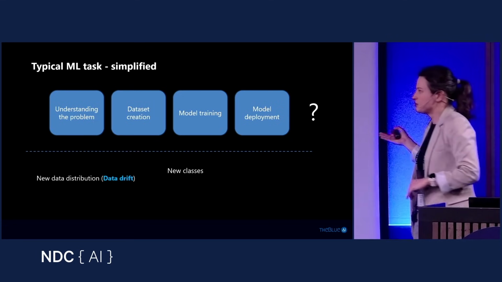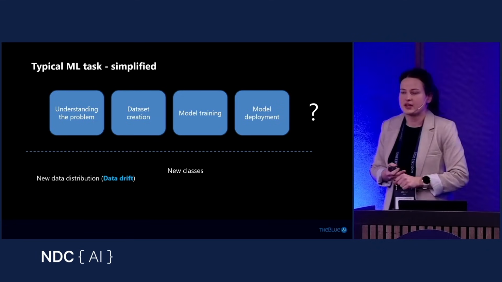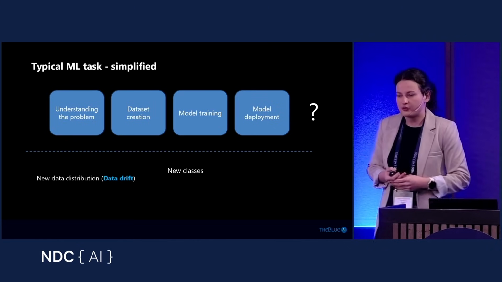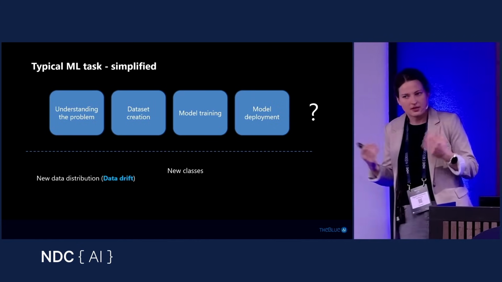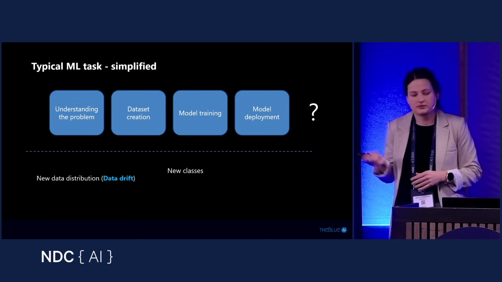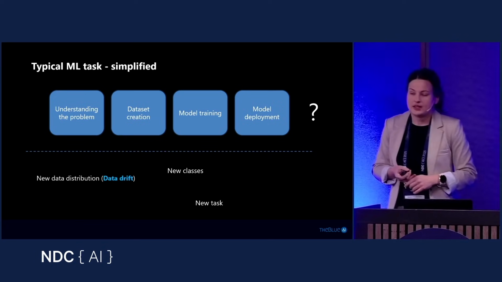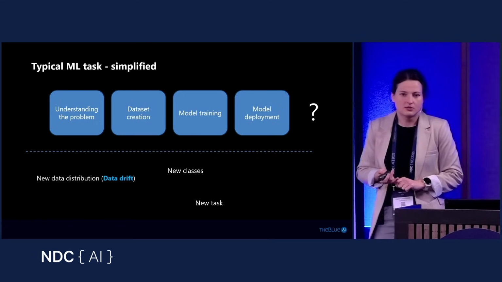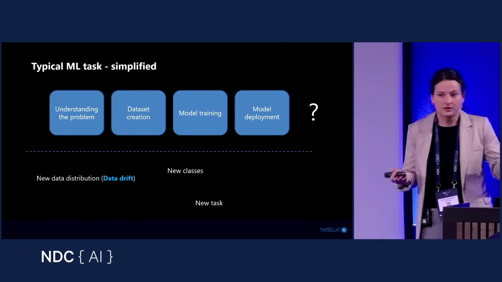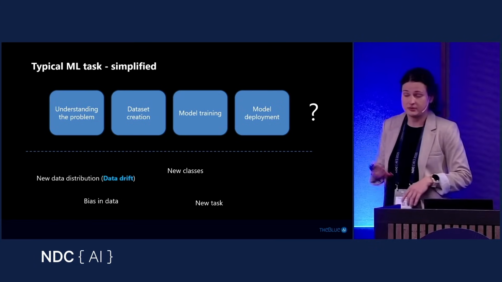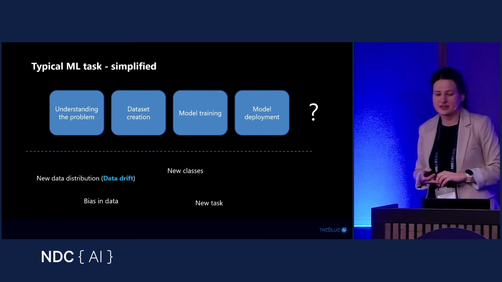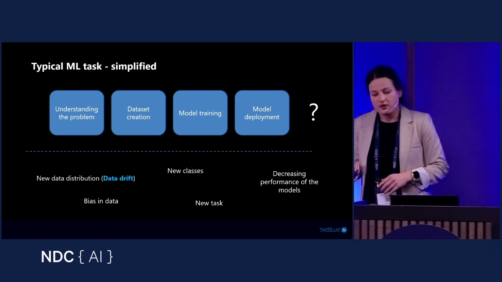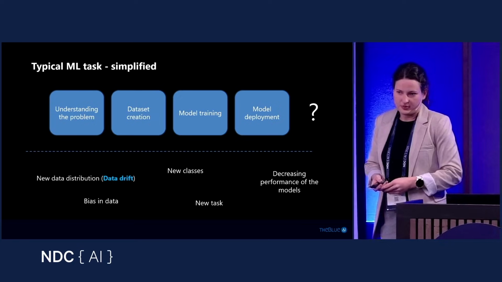I told you that we also have different kinds of pathologies in the brain. So how about we, apart from FCDs, would like to also recognize brain tumors, if we already have a model that does it quite well. Maybe we want to add a new task. If we have a model that is very good at summarizing text, why not classifying it? No matter how long we collect the data set, there will be bias in our data. So all of that will decrease the performance of our model in time.